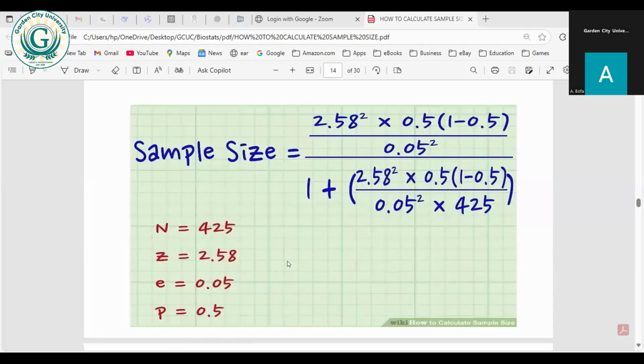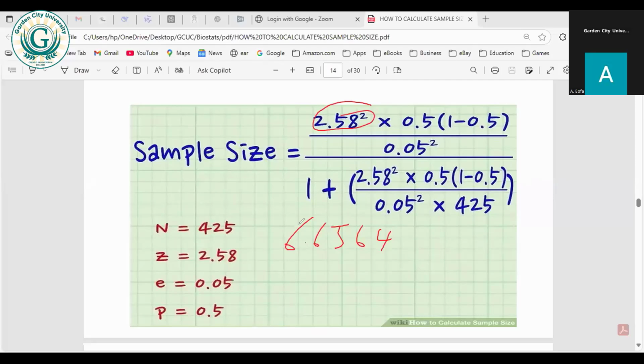Type 2.58 times 2.58. What is the answer? 6.6564. Good. Please keep in mind it's always advisable to work with at least 4 or 5 decimal places. So we are done with this one.